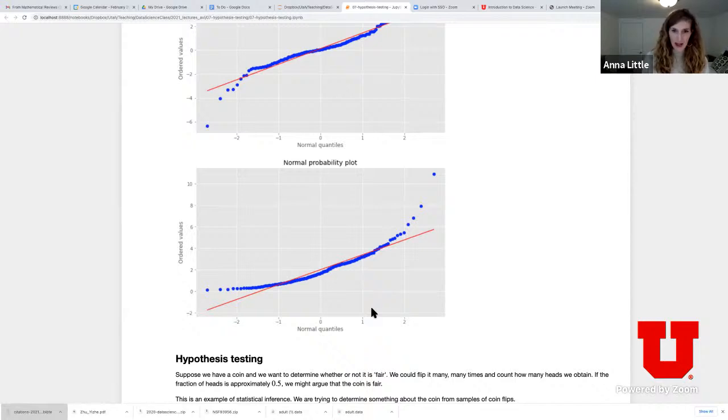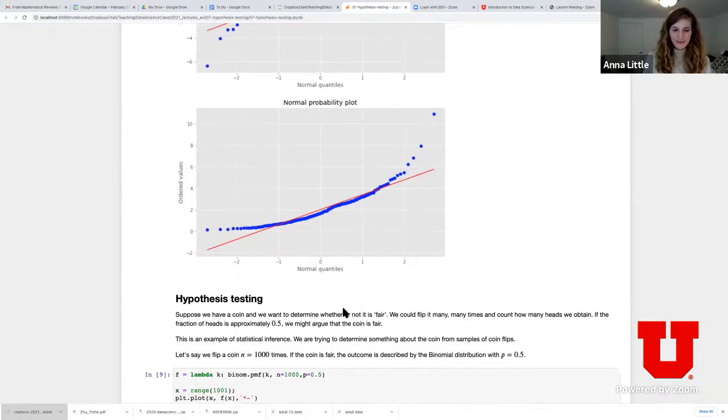But I suspect that even for a plot like this, the R value would probably not be tiny. There are hypothesis tests that you can run to actually test for normality. We're not going to go into those. We're just going to eyeball it.